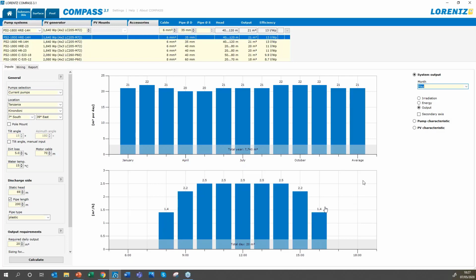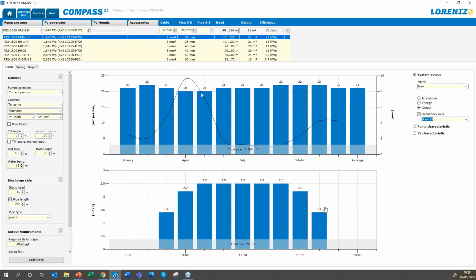Another hint for you is if you see that there are low months in the year, you can go to the secondary axis here and you can look at rainfall or other characteristics. So again, I think this is quite logical. We see April, May is quite low because this is rainy season.